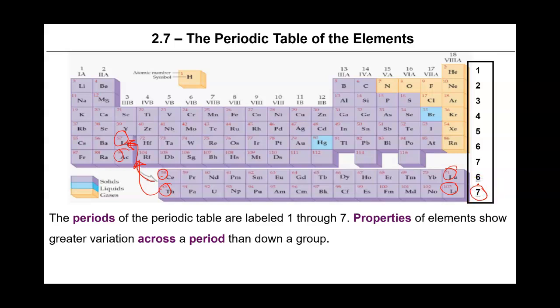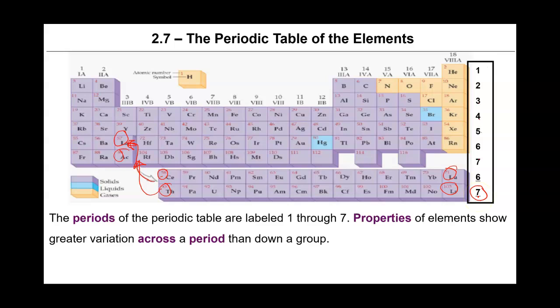But they pull these two rows out and push the ends of the periodic table together to save space and to make the periodic table fit nicely on an A4 page. So when you are numbering these periods, remember it goes 1, 2, 3, 4, 5, 6, 7, and then 6 and 7.